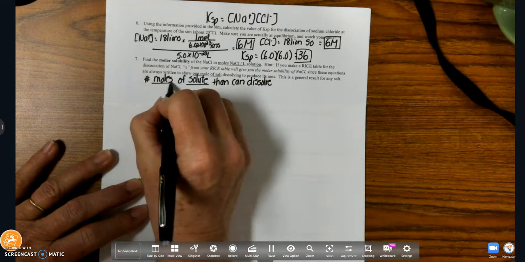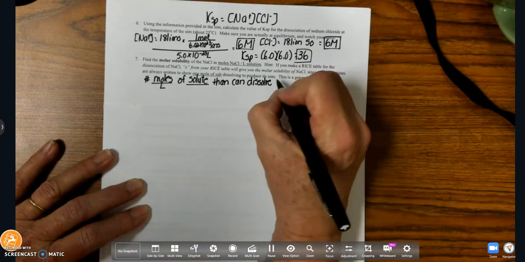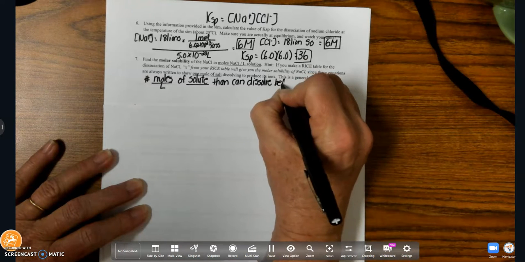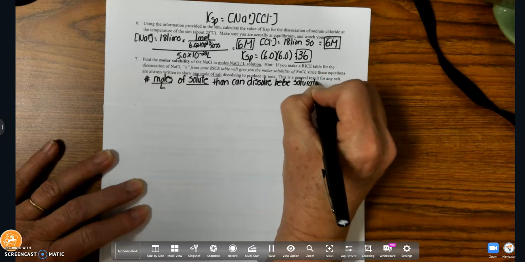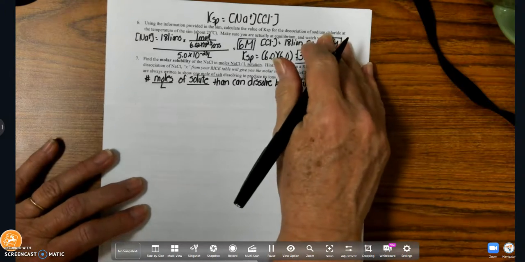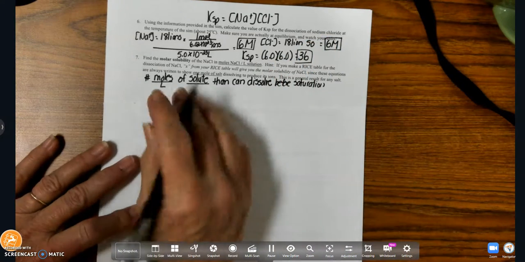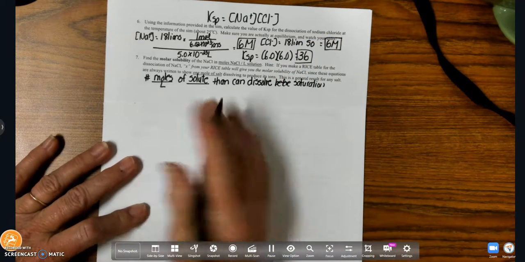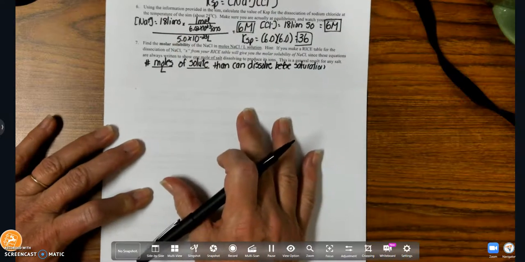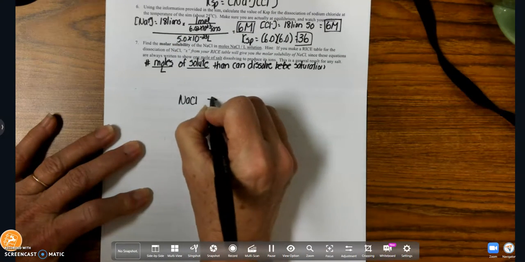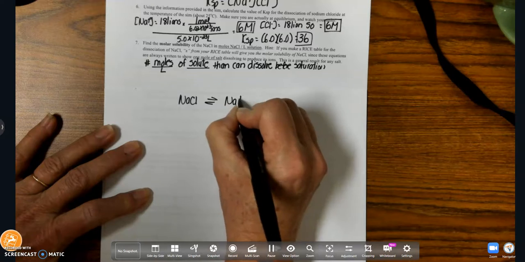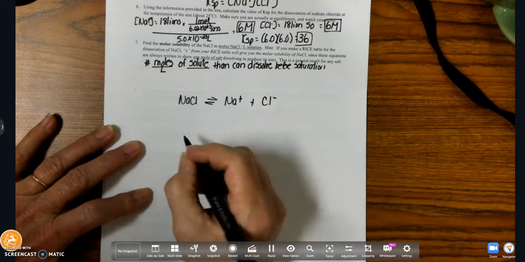And I should say number of moles per liter of solute that can dissolve before saturation. Okay, so how are we going to do this? We are going to do this with our standard RICE table. So I'm going to put NaCl going to Na plus and Cl minus.